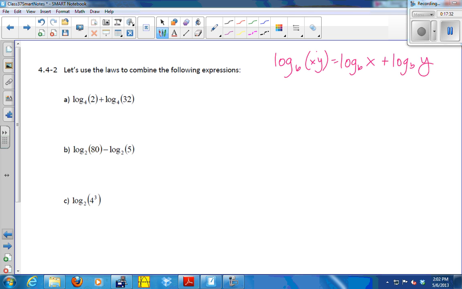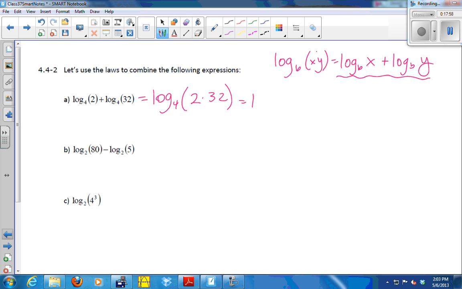So if I'm given log base 4 of 2 plus log base 4 of 32, because I'm adding 2 logs that have the same base, I'm being given something that looks like the right-hand side of that property, right? So I can kind of go backwards and rewrite it as a single logarithm where I multiply those 2 inputs.